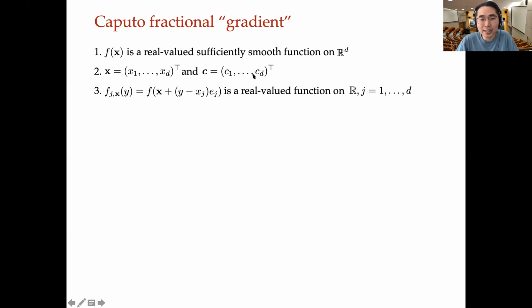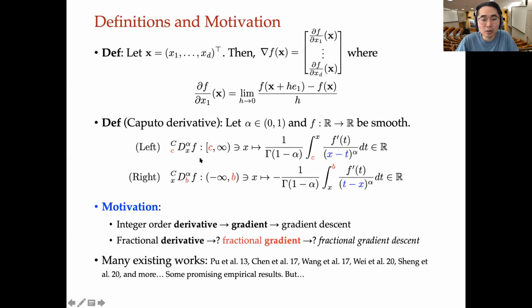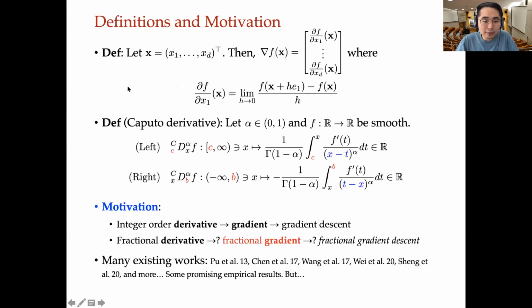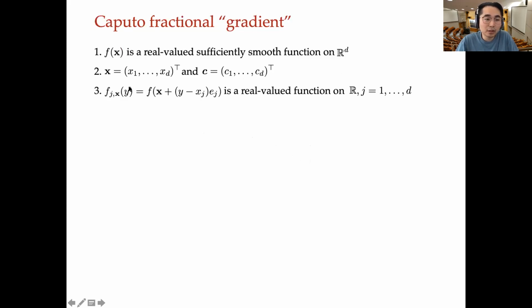You can think of c as the integral terminal I am going to use for this purpose, so c here or b, depending on the location of x. Since the Caputo fractional derivative is defined on real valued functions, we need to define a set of real valued functions like here.